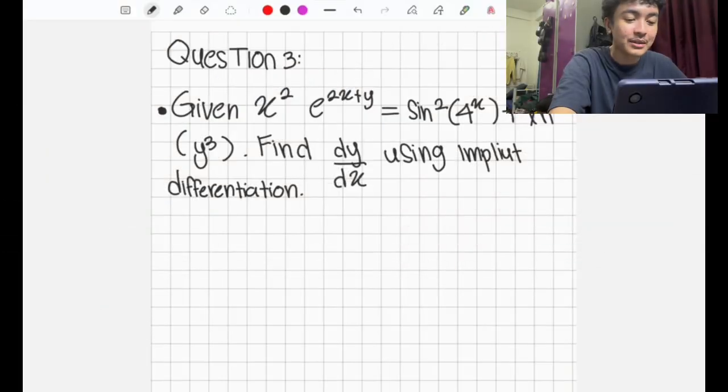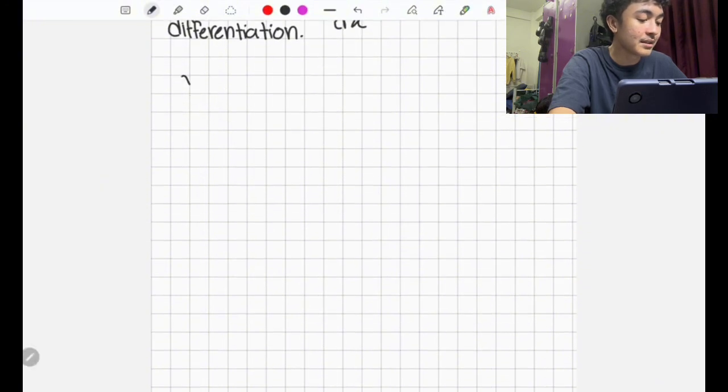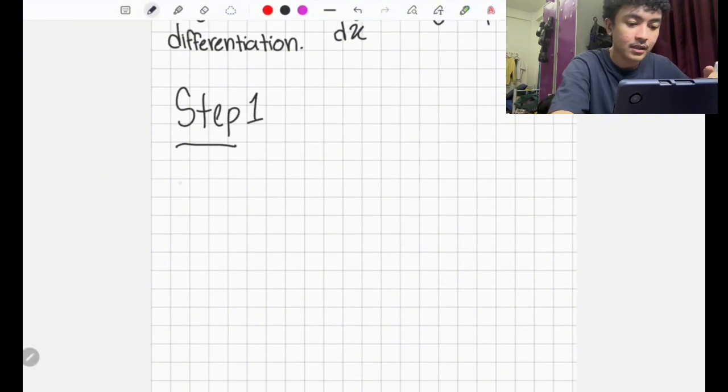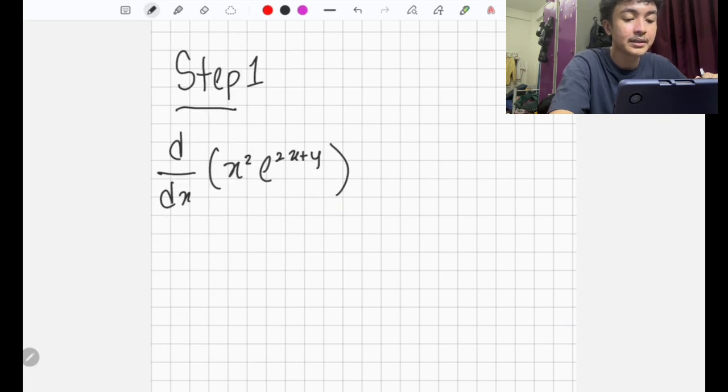For question 3, I will explain how to find dy/dx using implicit differentiation. Given x^2 e^(2x+y) equal to sin^2(4x) plus ln y^3. Step 1. Since y is a function of x, we differentiate both sides with respect to x.